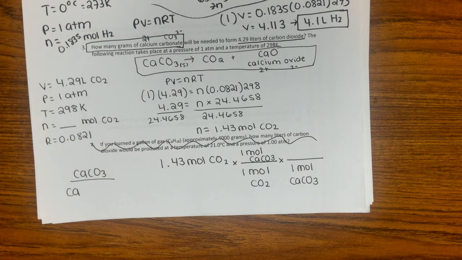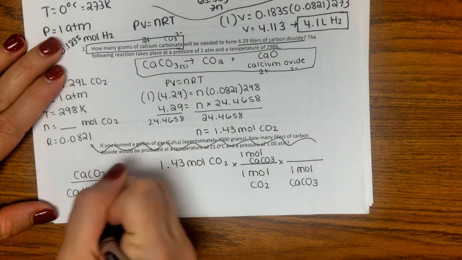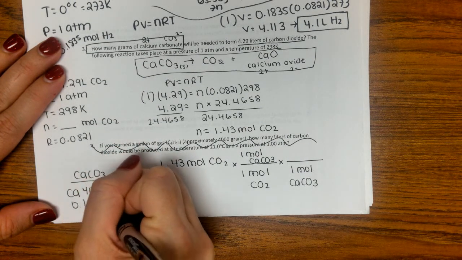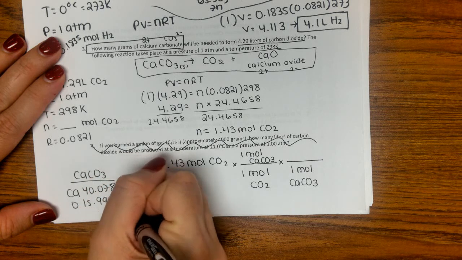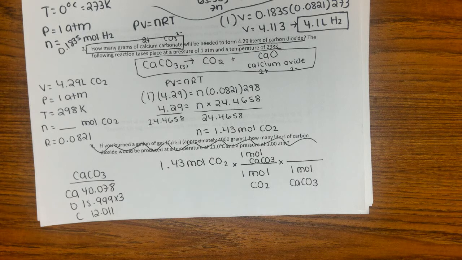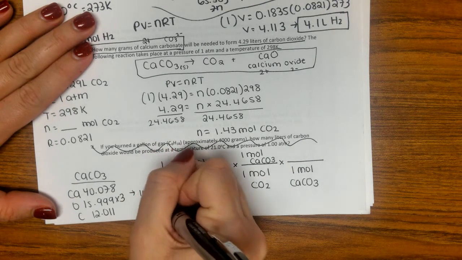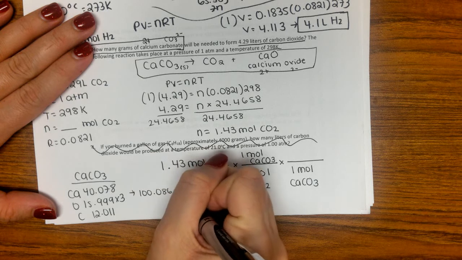Calcium is 40.078. Oxygen 15.999 times 3. Carbon 12.011. Add all of those numbers up together. When I add all of those up, it equals 100.086 grams.